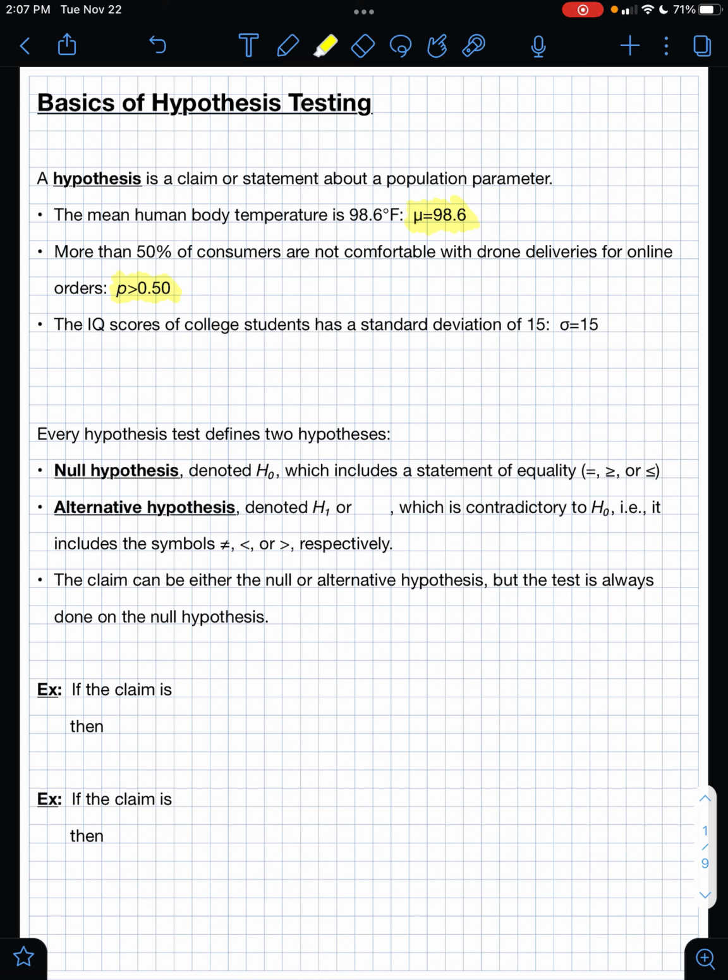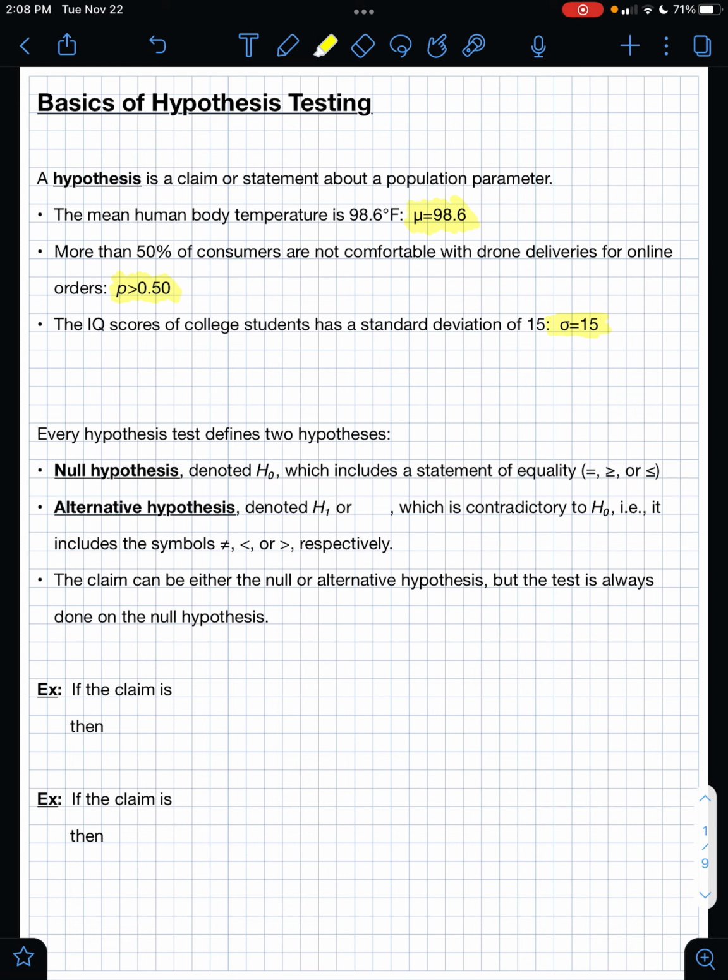The standard deviation is another parameter that we may see a claim about. For example, we may see a study that claims the IQ scores of college students have a standard deviation of 15, or that sigma equals 15. So all of these are claims, examples of claims about a population.